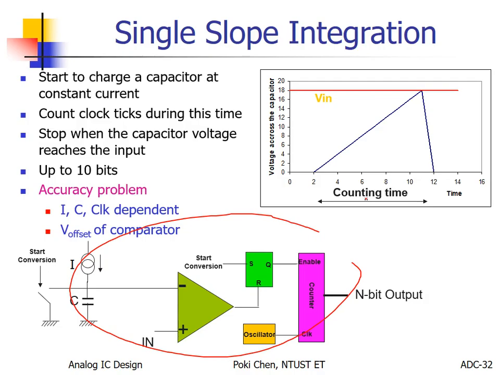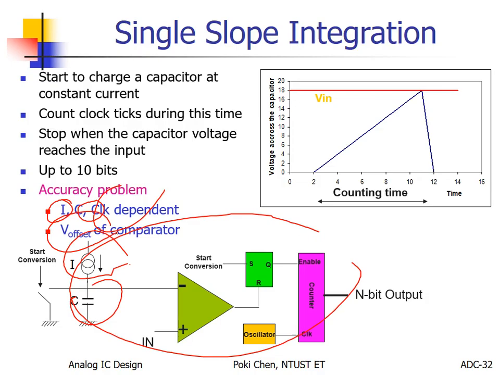If we go back here, you will see your output right now depends not only on the clock. For our previous one, it depends on the clock, right? But right now, it depends not only on the clock, but also on the current and the capacitor. And also VOS.